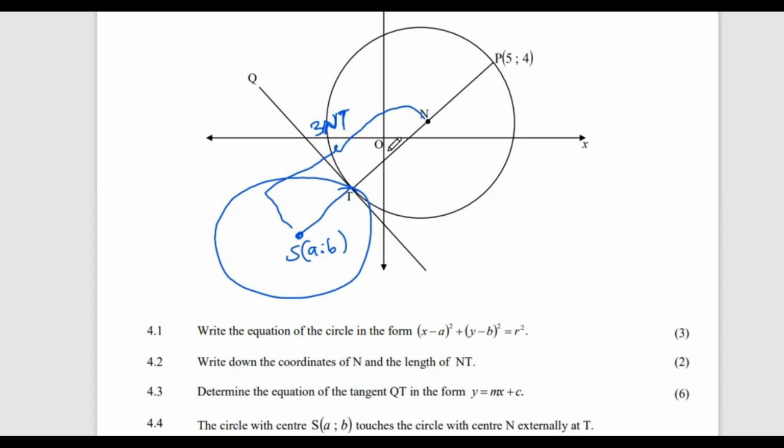When you simplify 3 times the 3√2, you get 9√2. When you square that, that's how you're getting the 162.